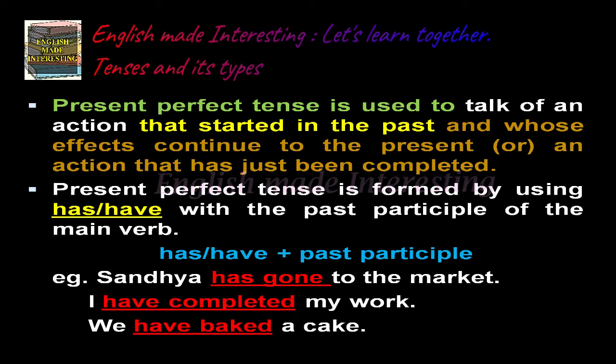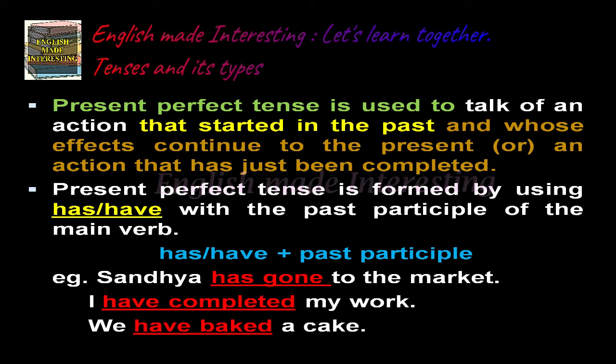Now we'll see. Present perfect tense is formed by using has or have with the past participle form of the main verb. Using has or have depends on whether it is singular or plural, plus the past participle form of the main verb. Example, Sandhya has gone to the market.